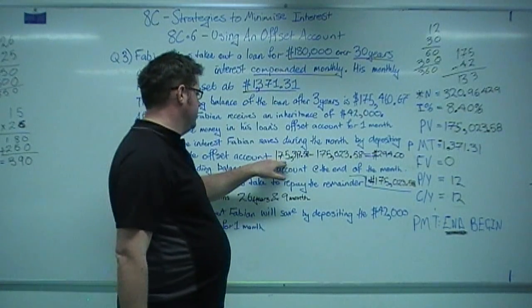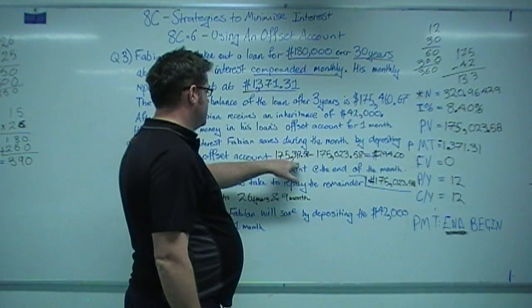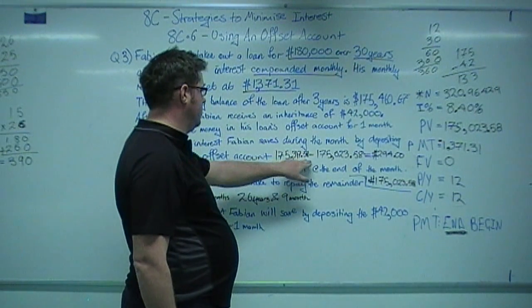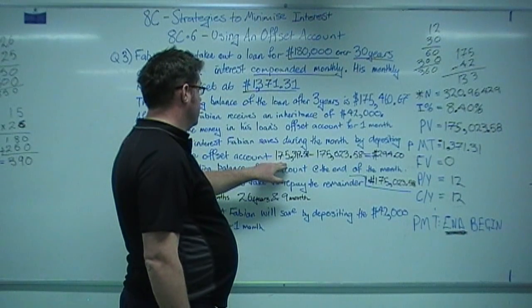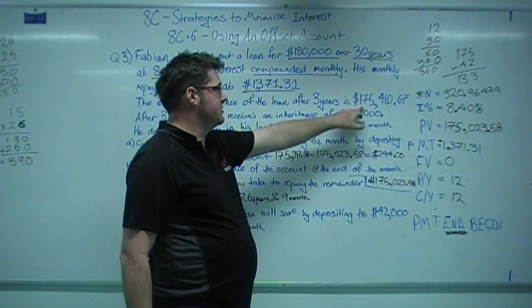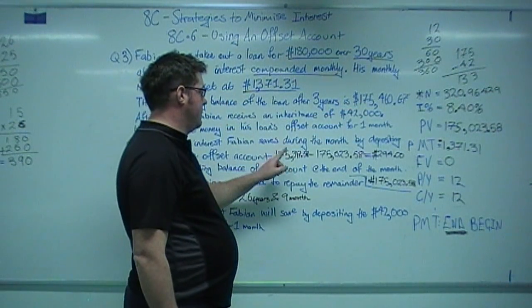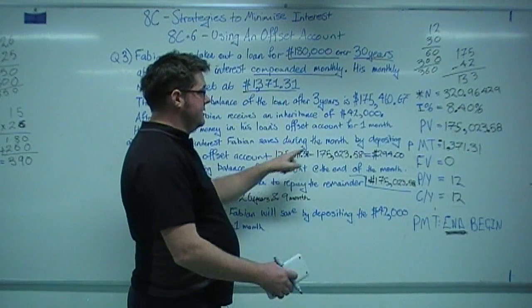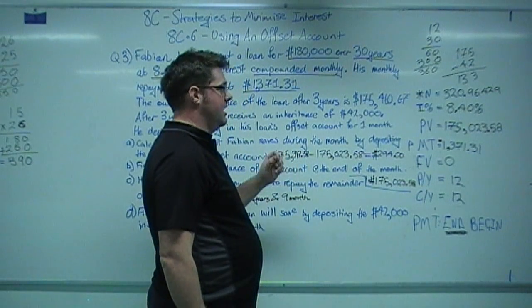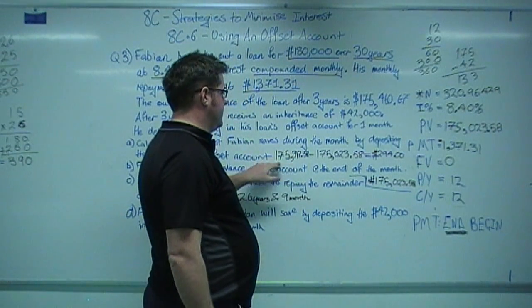What I've done here is I've determined the total amount that we started with. So it's $175,460.67. Plug that in for 1 month and using the factors that are here, determine the final value left after 1 month. This gives this value here.